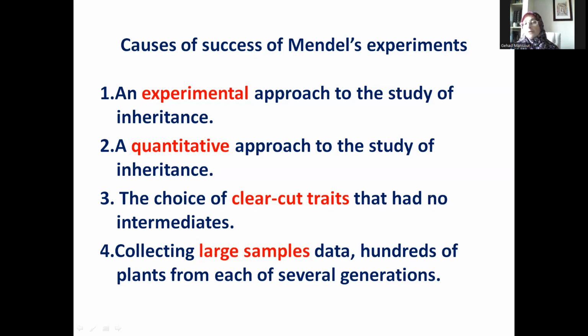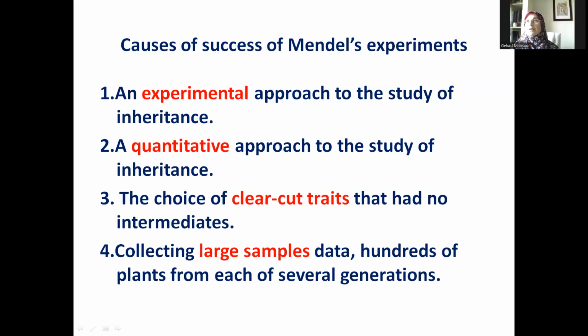A third cause of success of Mendel's experiments is that he worked on a huge number of plants, because whenever you're dealing with probabilities, as we're going to see on the following slides, if you consider only a small sample of organisms, your results might not give a valid explanation. But the larger the sample you are working on, the more valid your results will be.